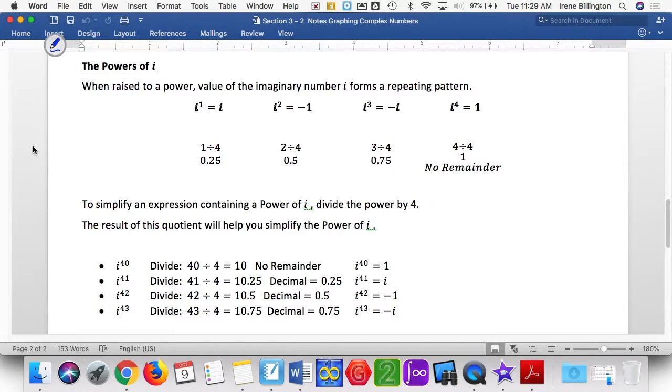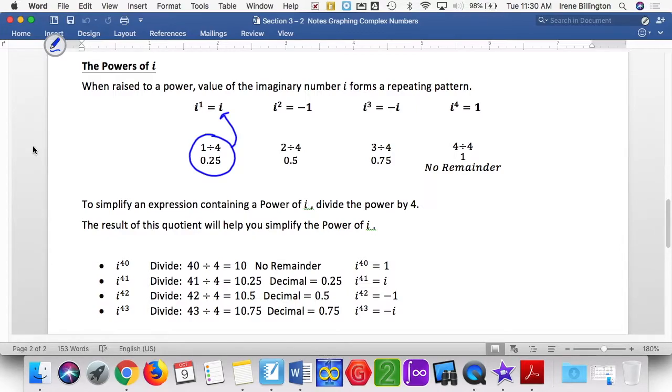If you take your exponent and divide it by 4, and the result is some number with a decimal of 0.25, that would be your remainder, 0.25. So if you take your power, divide it by 4, and your answer gives you a decimal of 0.25, then your power of i is equivalent to i.